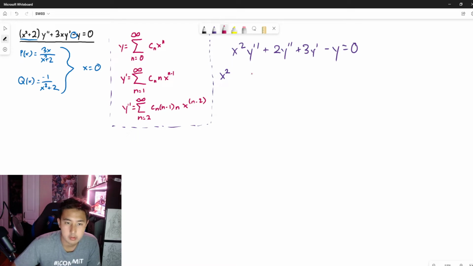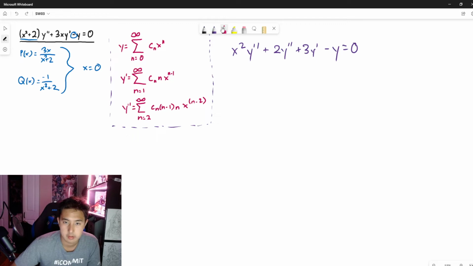We have x squared times the y double prime series. If we multiply x squared by this function, the exponents n minus 2 and 2 cancel out.